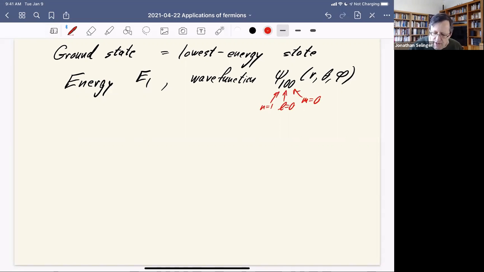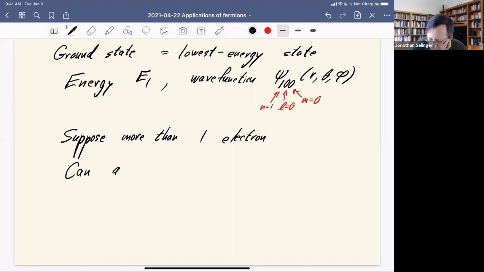Okay. So now the question is, suppose that there is more than one electron. Can all the electrons go into that state?